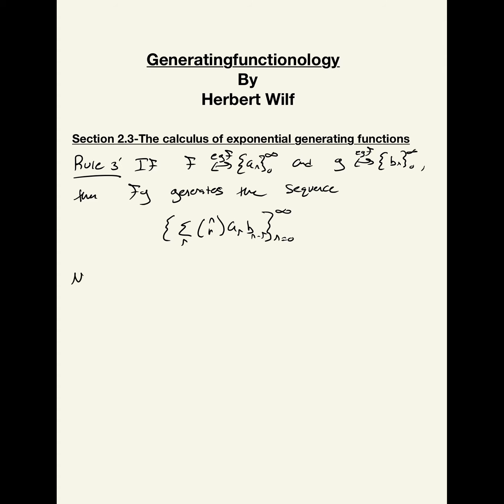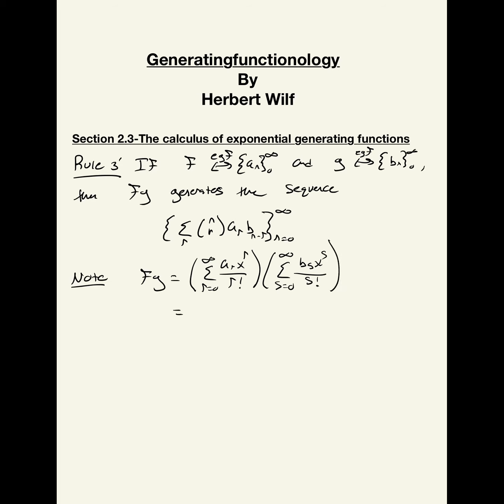And the reasoning, let's just note something. This one we can just do by hand. If we have the first one, let's say it goes from r equals 0 to infinity, a sub r, x to the r, all over r factorial. And the next one, let's index by s: b sub s, x to the s, all over s factorial.